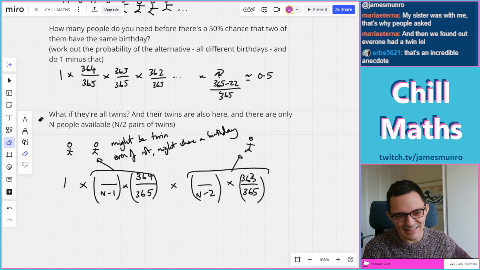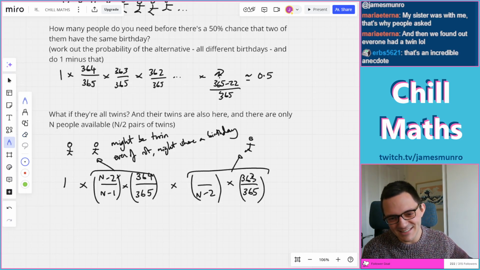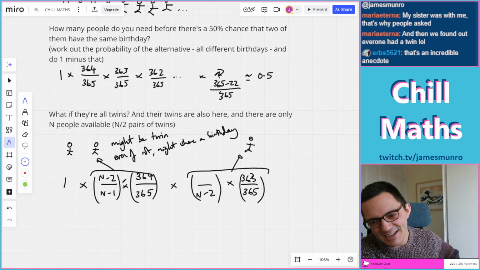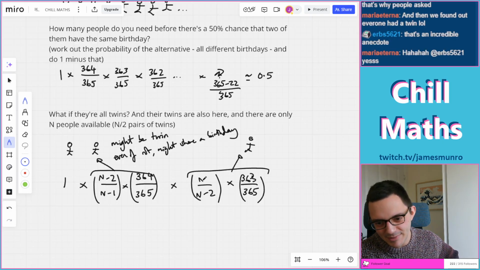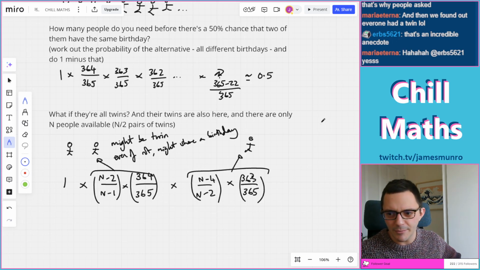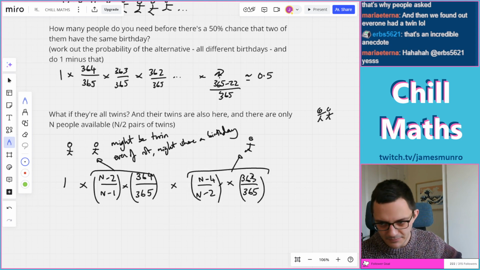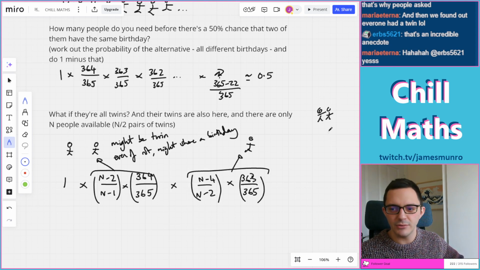That's the probability. Oh, it's got me. n-2 people who are not twins. And in here, is it going to be n-3 or something? It's going to be n-4, because there are 2 people out there in the world somewhere who are twins of the 2 people at my party out of the n-2. So there are n-4 people who are not. This fraction's going to 0 at some rate as well.